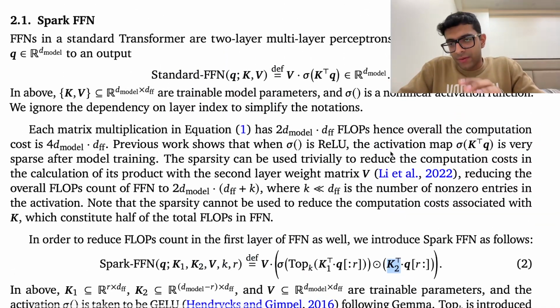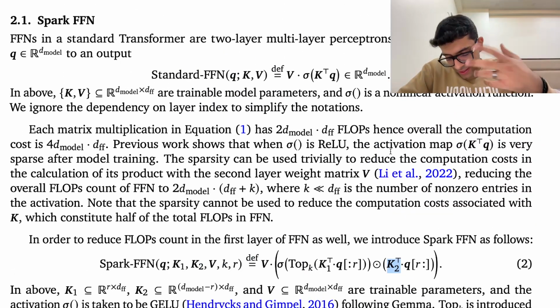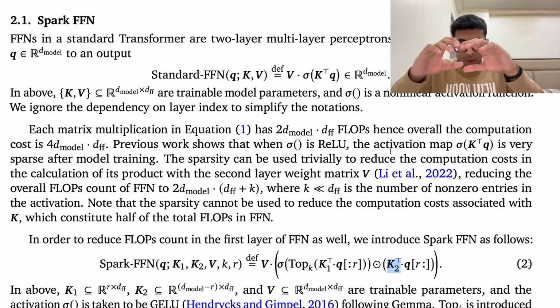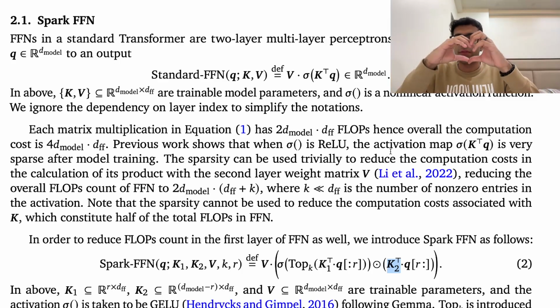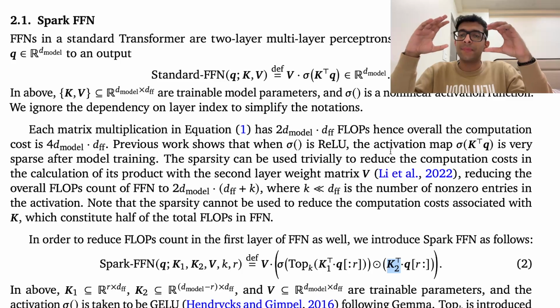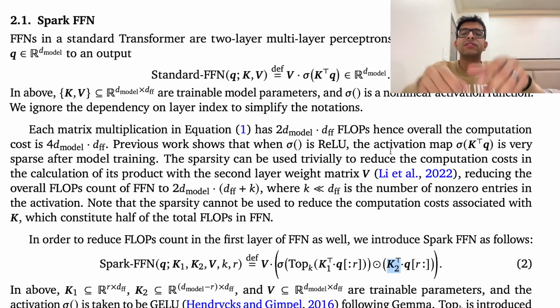So just to summarize, I know it gets a bit confusing for me as well. We have the original query and all of the attention in a sense, and we are splitting it into two parts instead of it being just a single segment as in the original FFN, in Spark FFN.